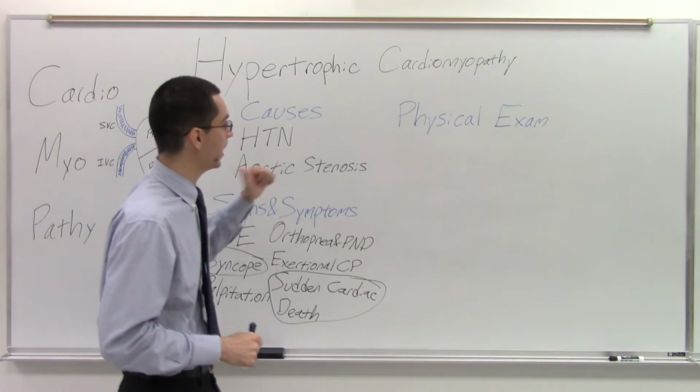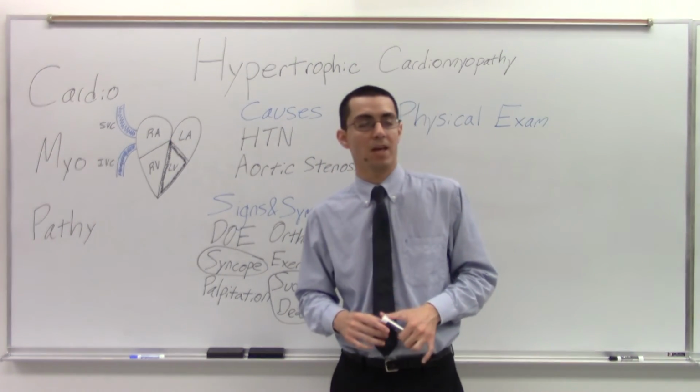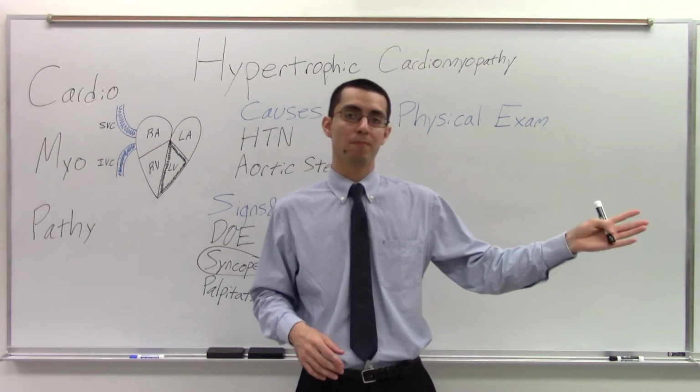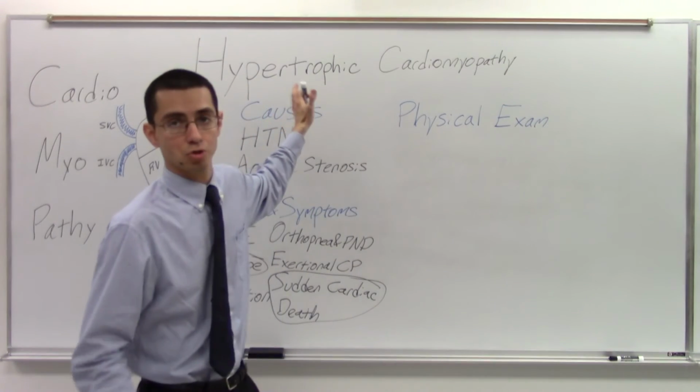A lot of these cases are seen within the young athletic population. A young kid goes to a game, he collapses out of nowhere. This is in your differential diagnosis.